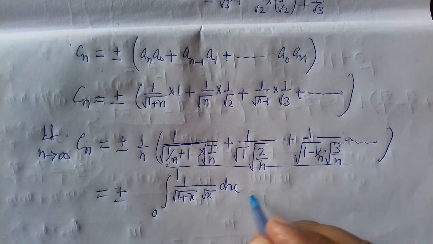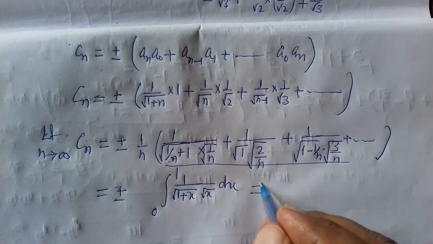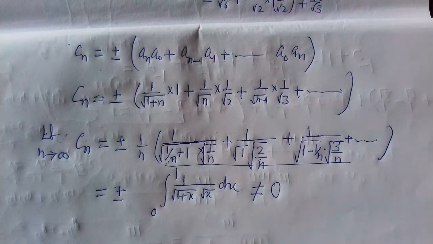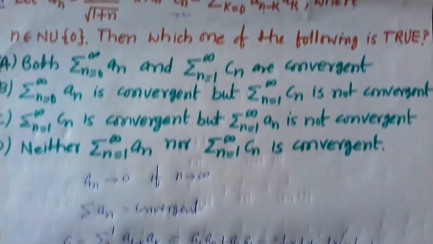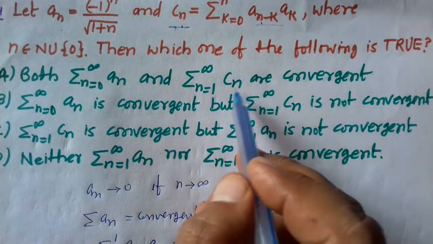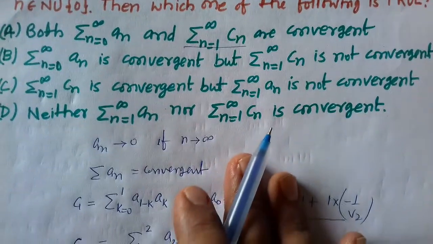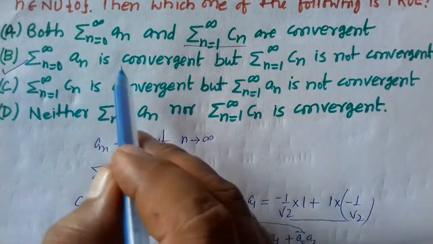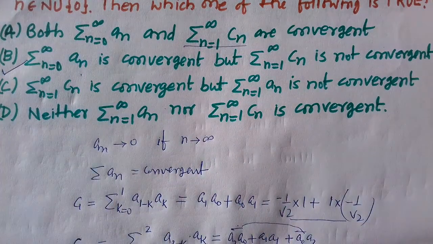We know that this integral is not going to be 0. So the nth term of this series is not going to 0, so this series is divergent. So B is our correct option: the first series is convergent and the second is not convergent.